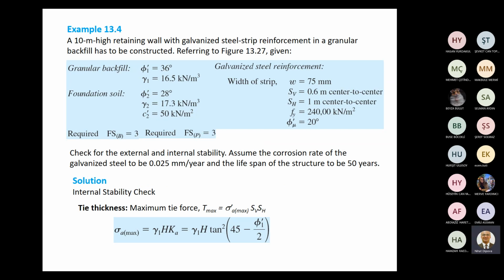For better understanding, let us solve an example. Example 13.4. A 10-meter high retaining wall with galvanized steel strip reinforcement in a granular backfill has to be constructed.